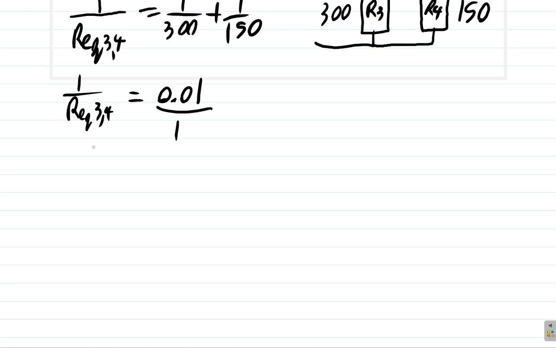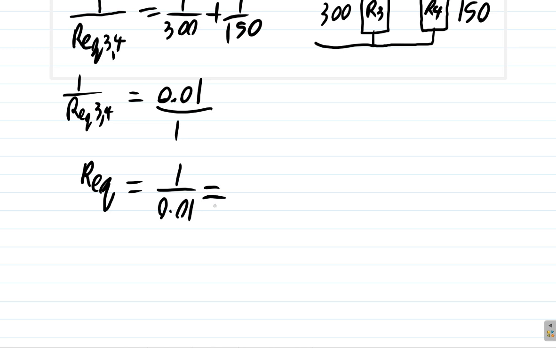But let's practice finding the reciprocal, the multiplicative inverse of both sides. So 1 over REQ becomes REQ over 1, which is just REQ, equal to 1 divided by 0.01.